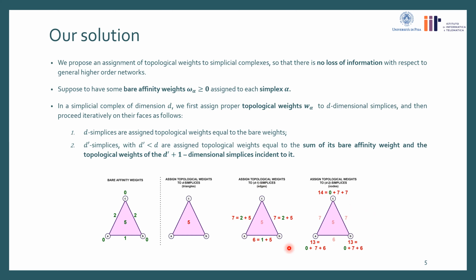So starting from the simplices of maximum order, in this case triangles, and starting from the topological weights, the red ones that we just assigned, we can go back the same way we went onward to assign them, to reconstruct the original bare affinity weights. And this is the advantage of having this weight assignment, besides other advantages that we'll see later.